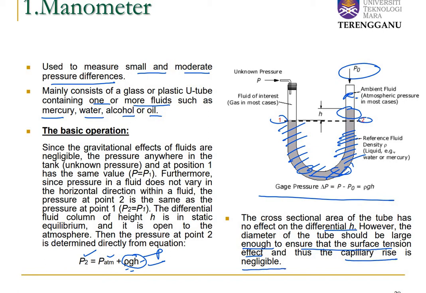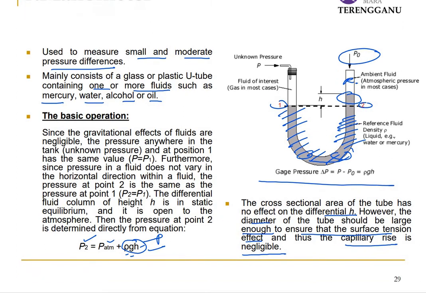Why do we need a sufficient diameter? Because a certain diameter can withstand a certain pressure, so we need to find a suitable diameter to handle a suitable pressure.